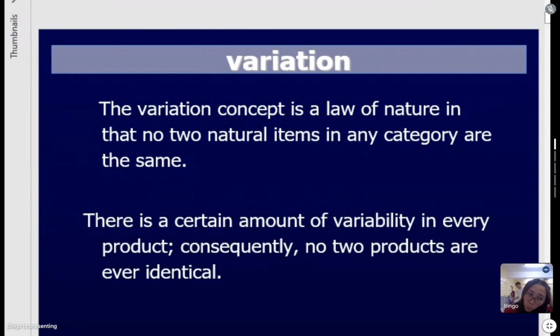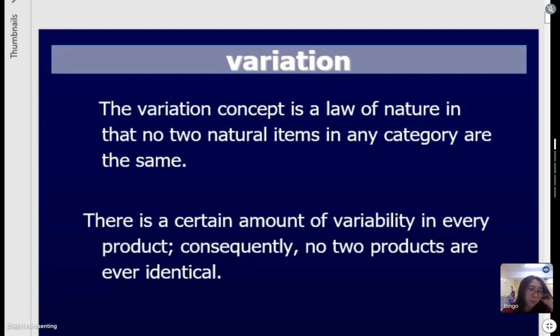1.5 na Coke. Sa isang case, ilan ang laman? For example, meron tayong 10 na bottle. If you look at those bottles, maiisip nyo na lahat ng yon ang laman ay tig-1.5 kasi ang nakalagay is 1.5 liter. Pero ang sabi dyan, the variation concept is a law of nature in that no two natural items in any category are the same.